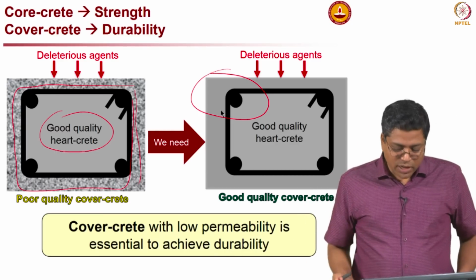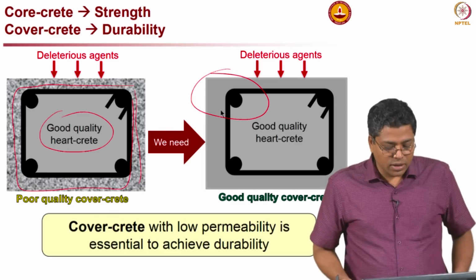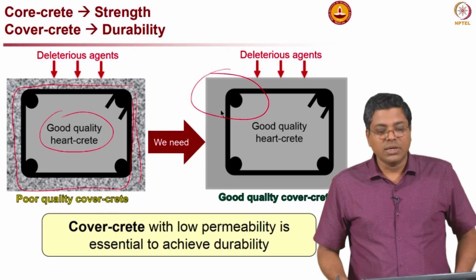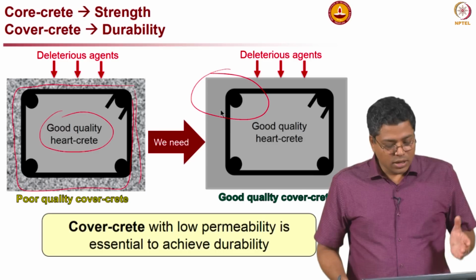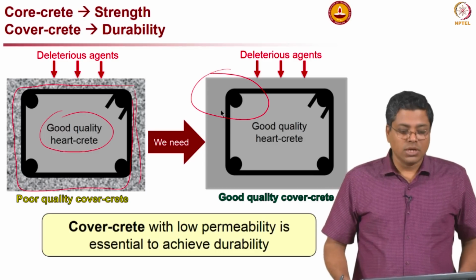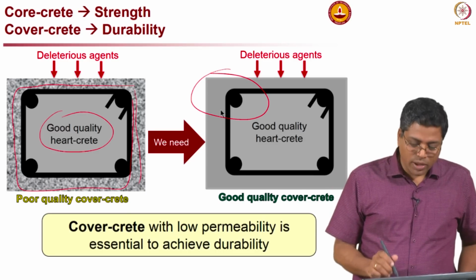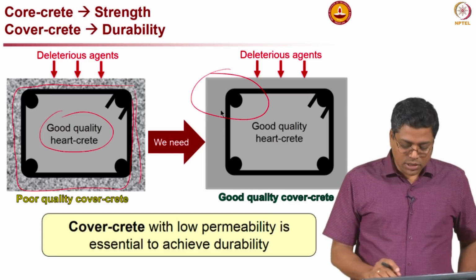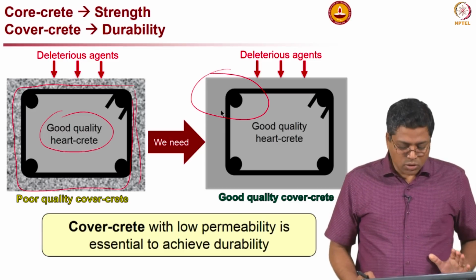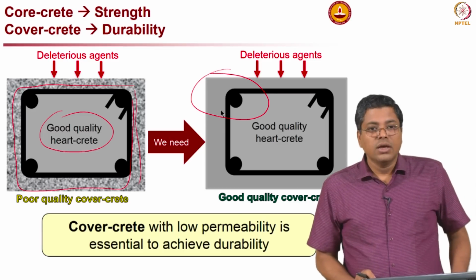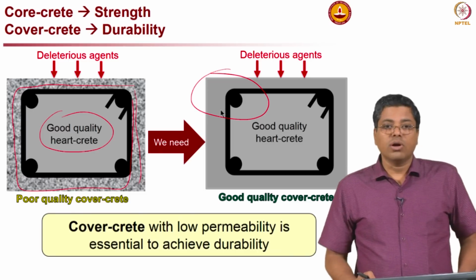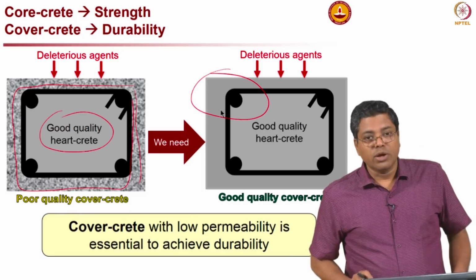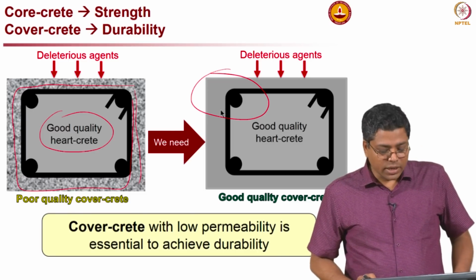That is something very important. It is not just having good quality materials and a good mixture proportion, it is also a matter of how well you cure the concrete; only then will you be able to achieve the desired durability. So, a cover concrete with very low diffusion coefficient or very low permeability is what our target should be.